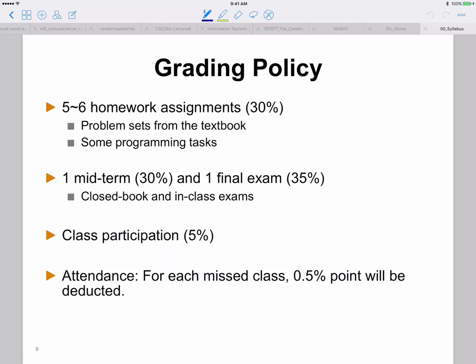I will call maybe 20 of you at a time at every class, and once a student sampled that way is missing the class, I will give a higher weight the next time. So I will basically increase the probability of getting sampled for that student who missed the class.